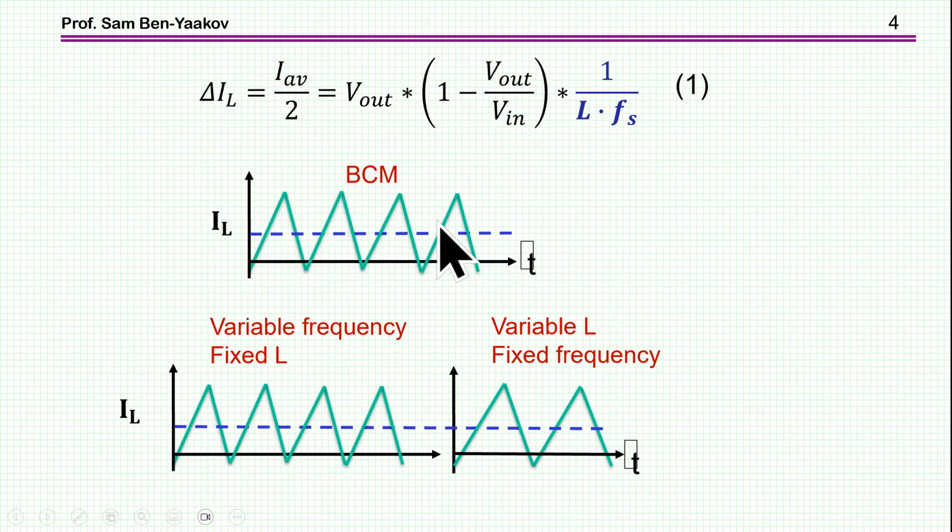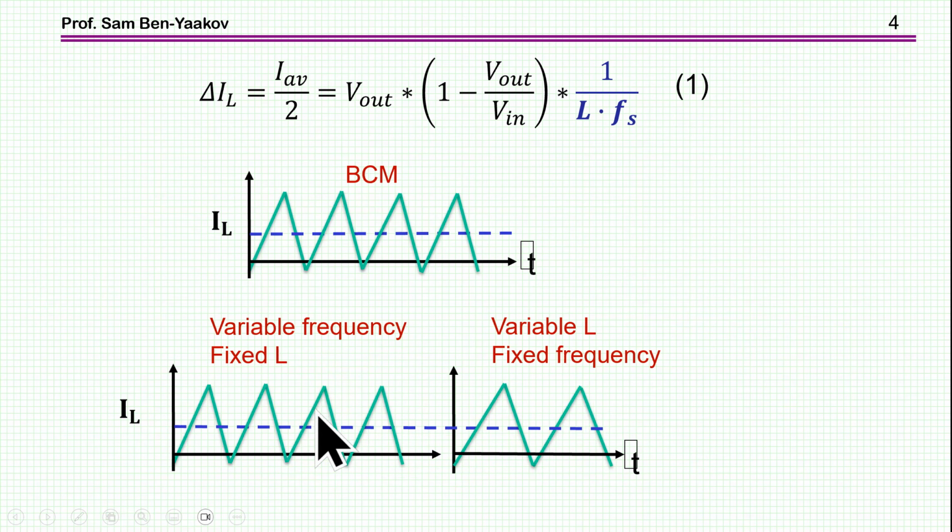So to correct for a change, you can either change the frequency or the inductance. So if we are moving from BCM, say the input becomes higher, then the ripple is higher, and then of course we'll be penetrating into the negative region more, which is not desirable. Then we can fix it by increasing the frequency, or we can fix it by changing the inductance.